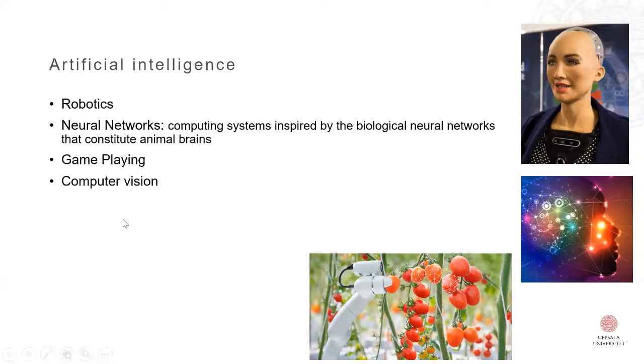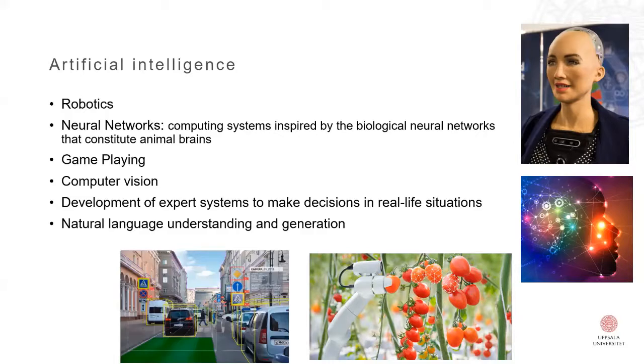For example, here in this picture, this robot is seeing the tomatoes in the farm and is picking up those that are ripe. And we have development of expert systems that can make decisions in real life situations. For example, we have self-driving cars, etc. And in AI, we have also natural language understanding and generation.